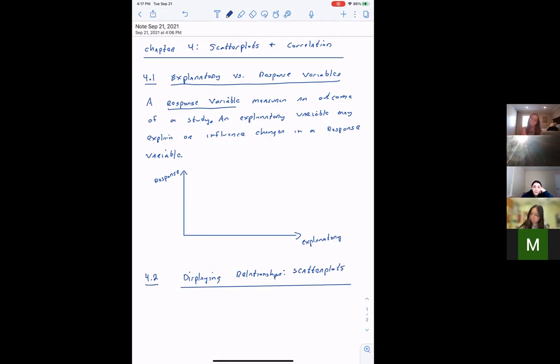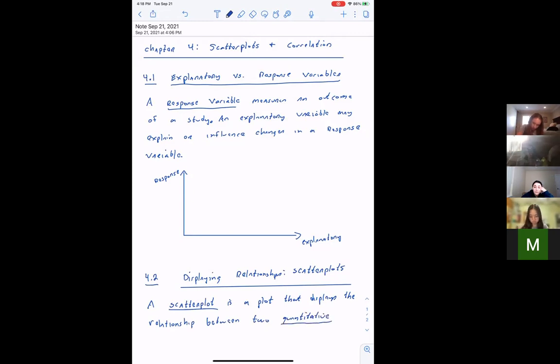So a scatter plot is a plot. That's good, I mean, that's the word plot in there, so that makes sense. A plot that displays the relationship between two, and this is important, quantitative variables.